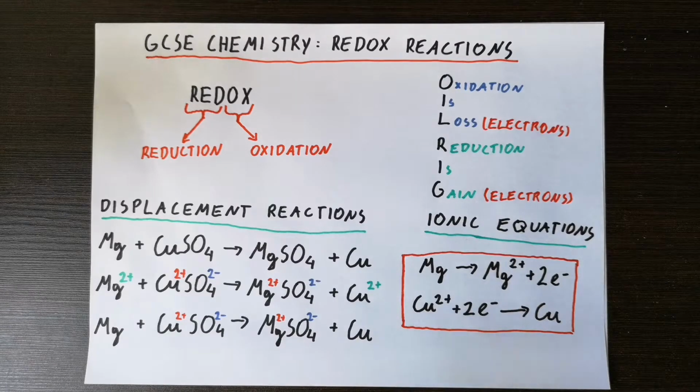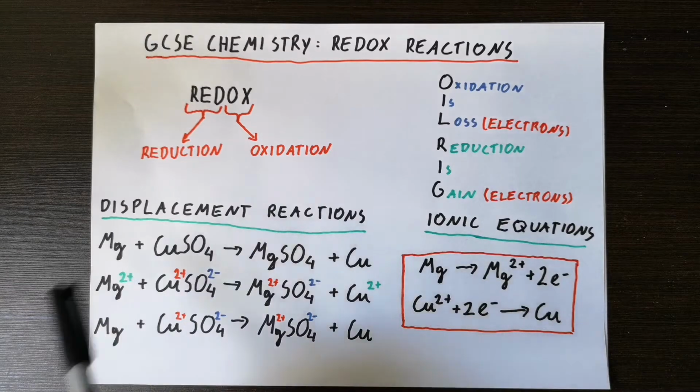So copper has gained 2 electrons and magnesium has lost 2 electrons as a part of a displacement reaction, because magnesium is higher in the reactivity series, so it displaces copper. That's to summarize displacement reactions.